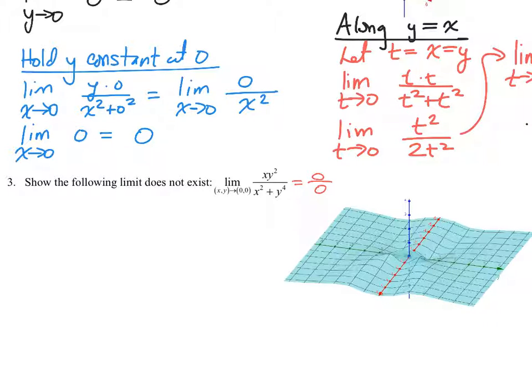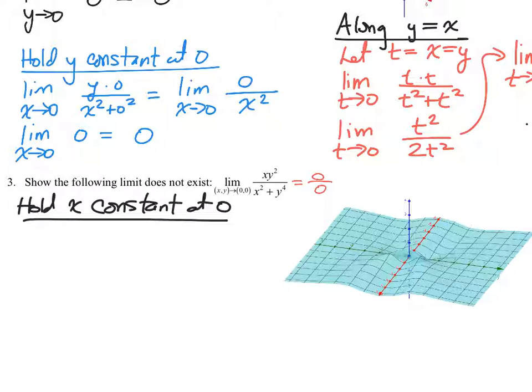So what I'm going to do is hold one of the variables constant. So I'm going to hold x constant at 0. All right, so y is the only thing that's going to vary. So I'm going to redefine my limit in terms of y. So y approaches 0.